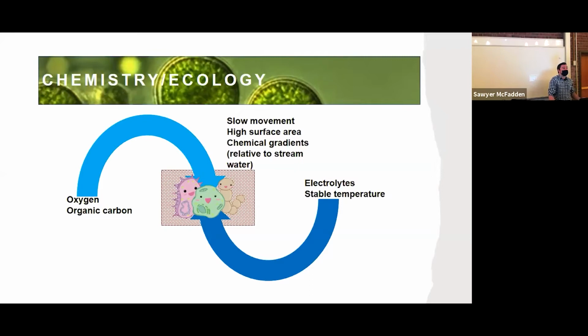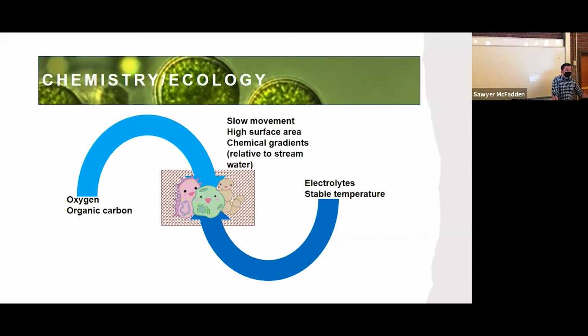As the water moves around these microbes that are generally adhered to the different sediments, different specific grains of the subsurface, you get a really high surface area. And then also with this combination of the slower movement, high surface area and the microbes, you end up getting some really important chemical gradients.